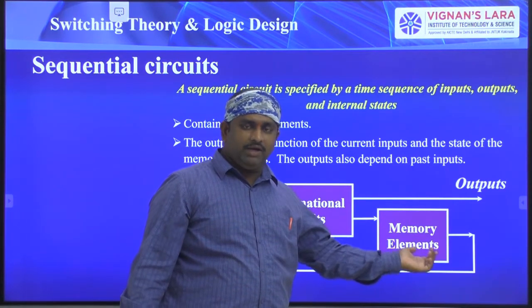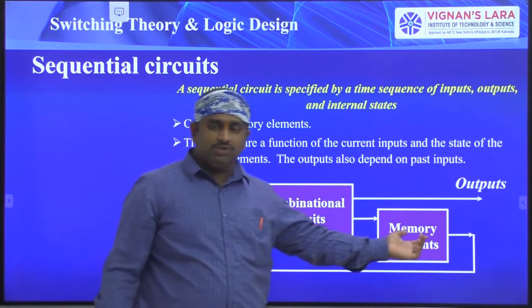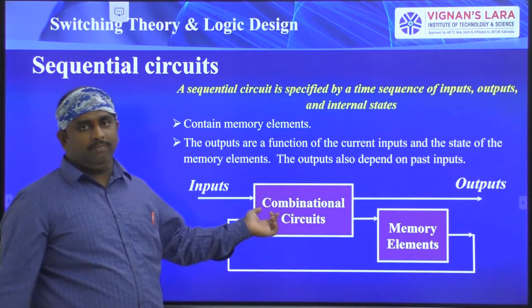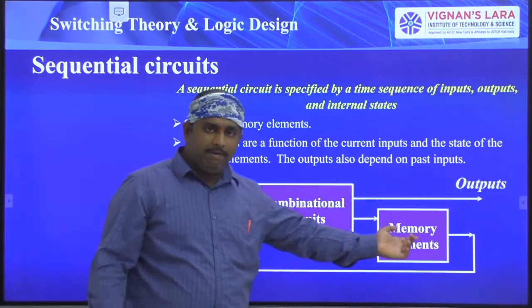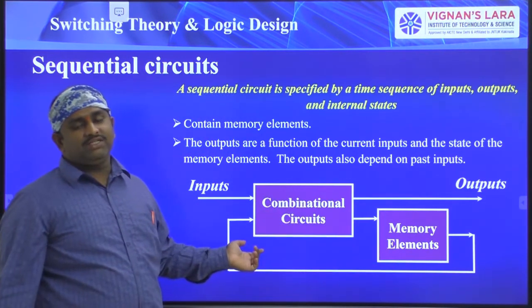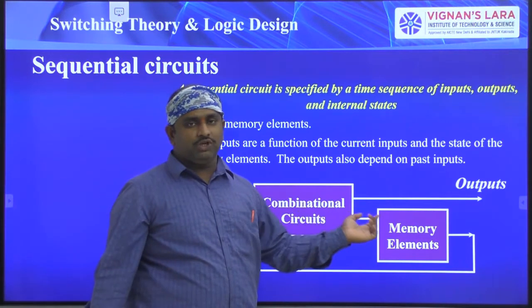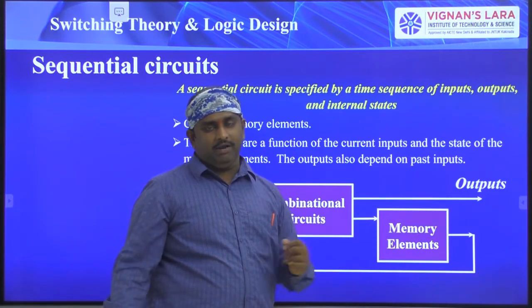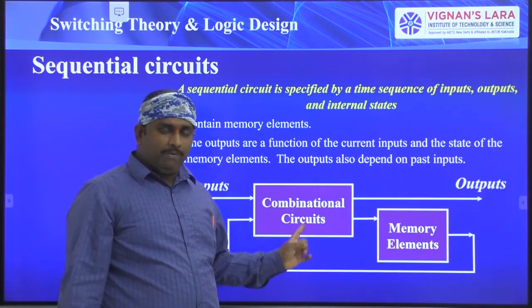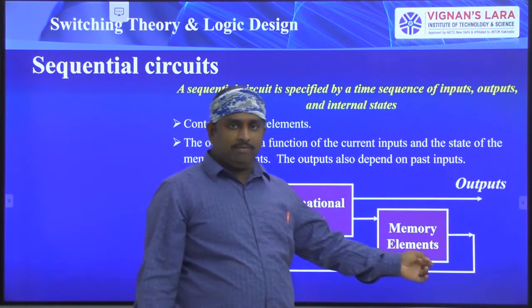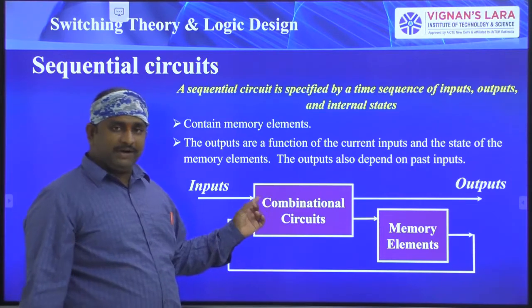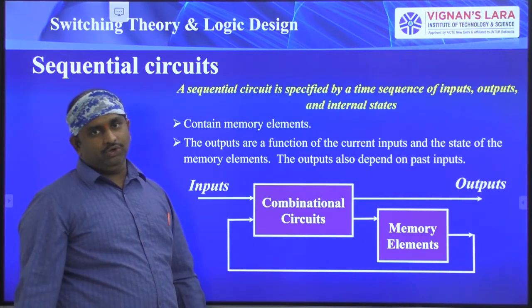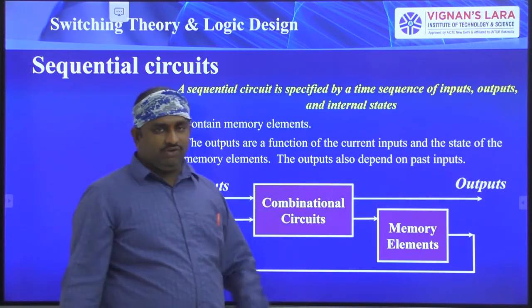Based on the memory information, the details are again fed into this combinational circuit through this feedback path. This feedback path is nothing but the previous output. This past information is going to the present combinational circuit. So this is a sequential circuit.